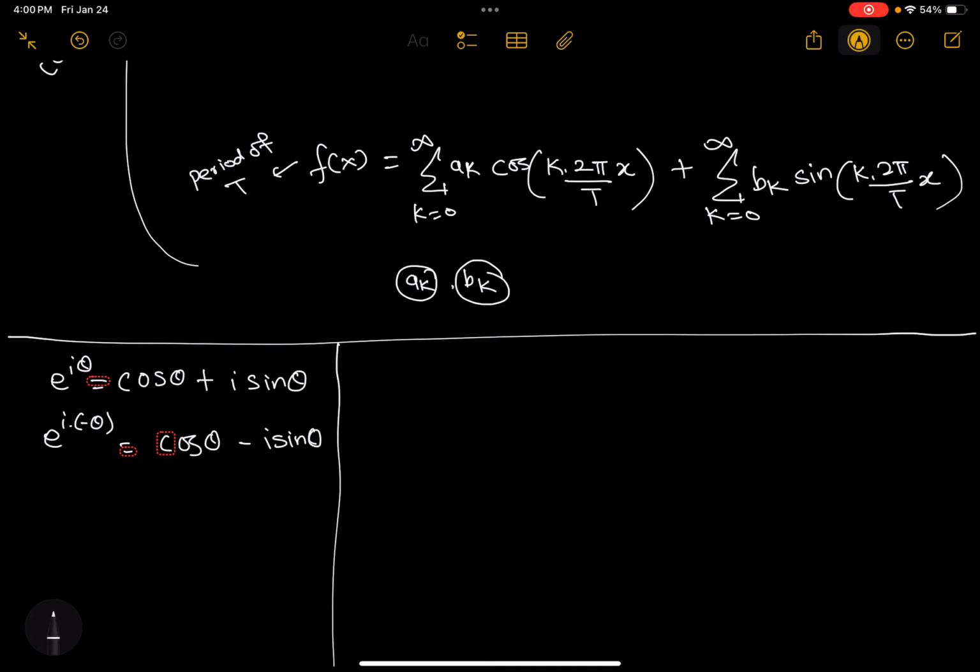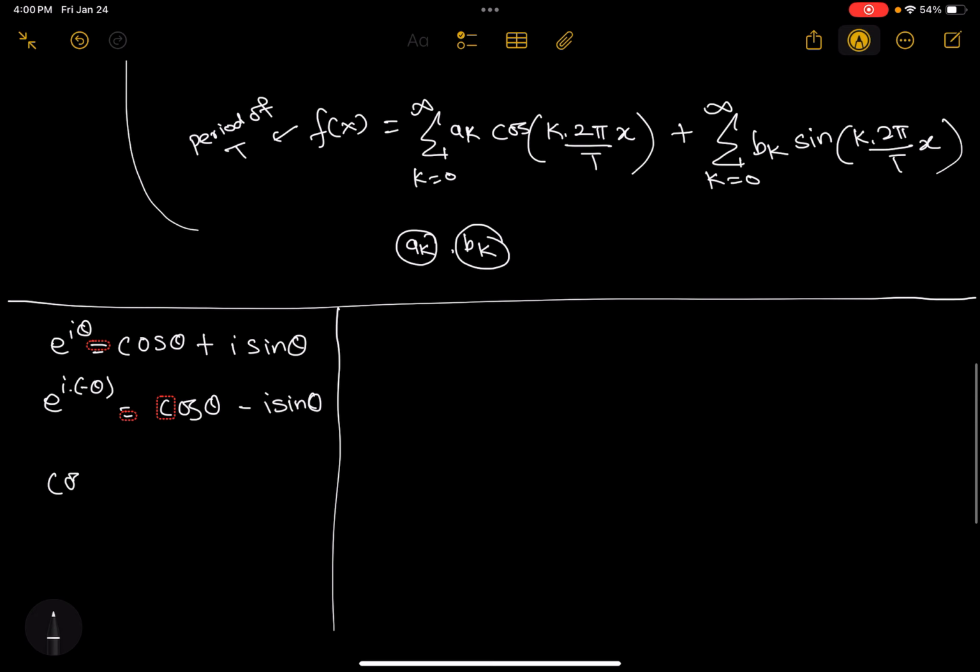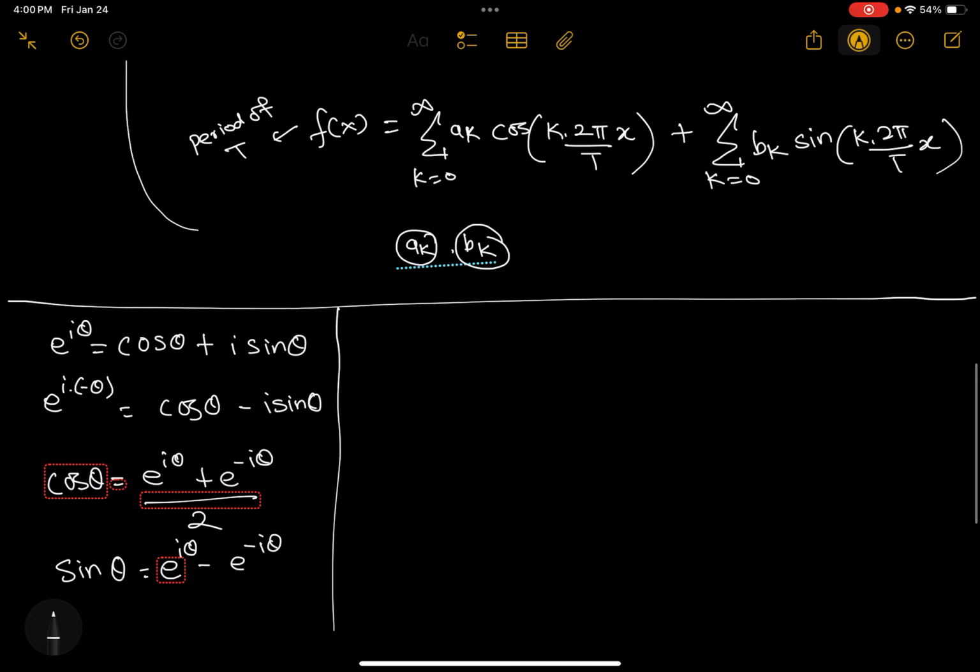From here, we can get the formula for cos theta in terms of exponentials. That is e to the power i theta plus e to the power minus i theta, over 2. Similarly, we can get sine theta as e to the power i theta minus e to the power minus i theta, over 2i.